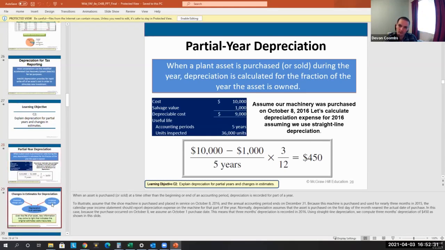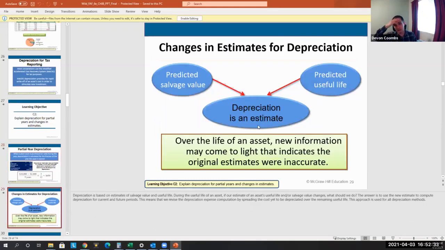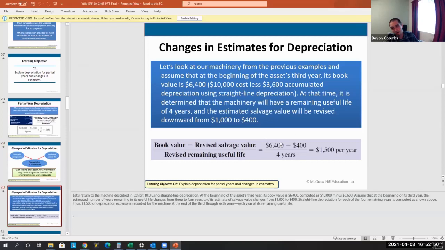Not too complex. A little bit of complexity is what happens if our estimates change. So what if our useful life estimate or our predicted salvage value estimate changes? So let's say we bought a laptop. We thought we're going to change them out every 5 years. Turns out they're awesome, and it's going to take 10 years. And so what if we have to revise their value?